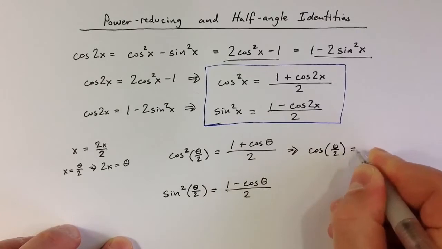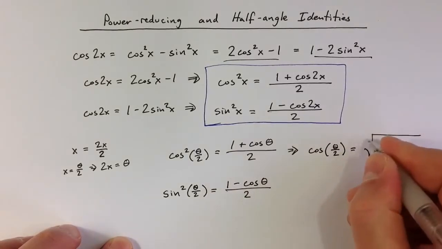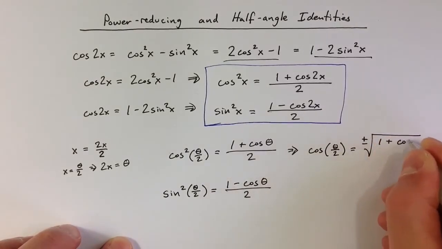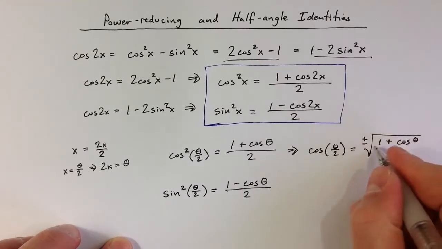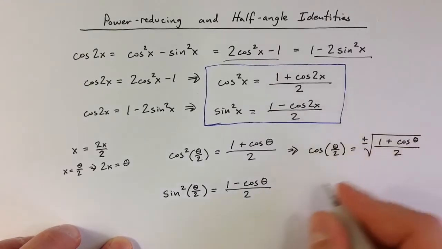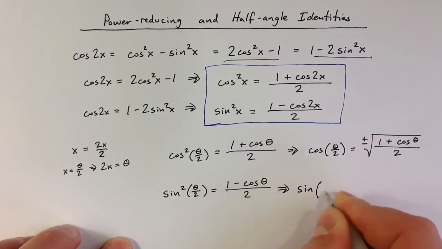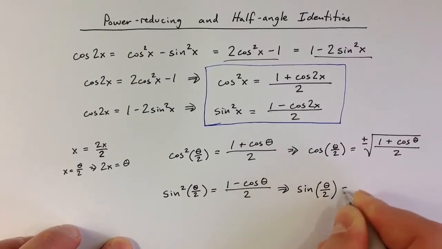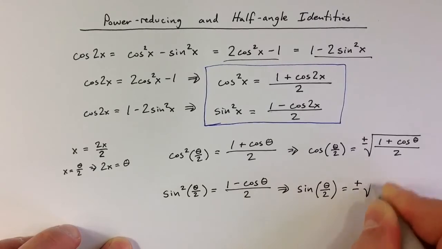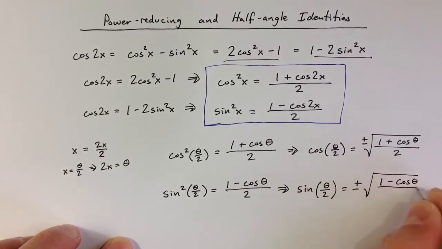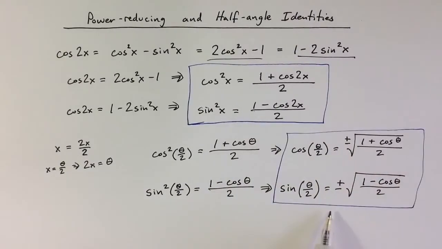Cosine of theta over 2 is equal to the square root of 1 plus cosine of theta, divided by 2, and sine of theta over 2 is equal to plus or minus the square root of 1 minus cosine of theta, over 2. So these are the half-angle identities for cosine and sine.